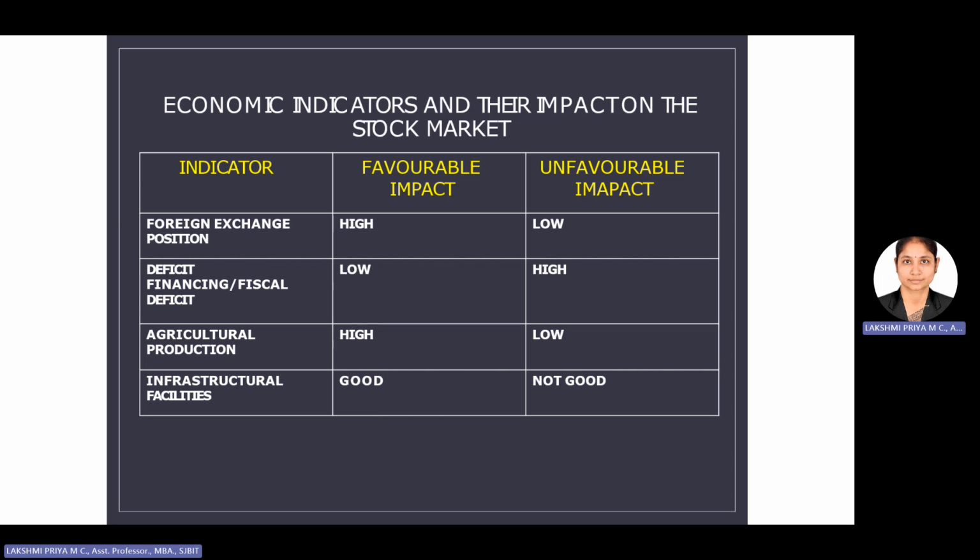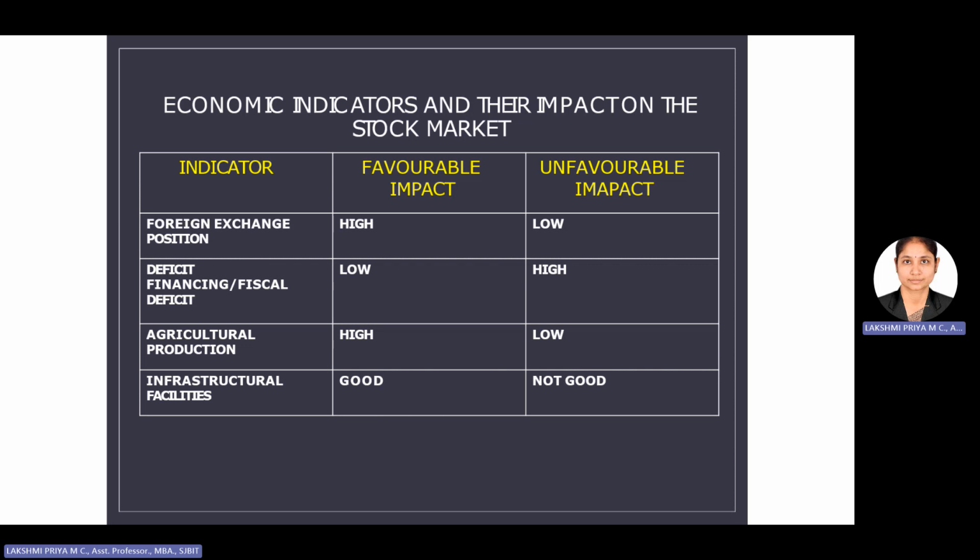How does monsoon and agriculture affects the stock market? In spite of technological advancements, Indian agriculture is still dependent on the monsoon. Good monsoons are a boon for agriculture. Agriculture is directly and indirectly linked to many industries. For example, the sugar, cotton, textile, food processing industries depend upon agriculture for raw materials.